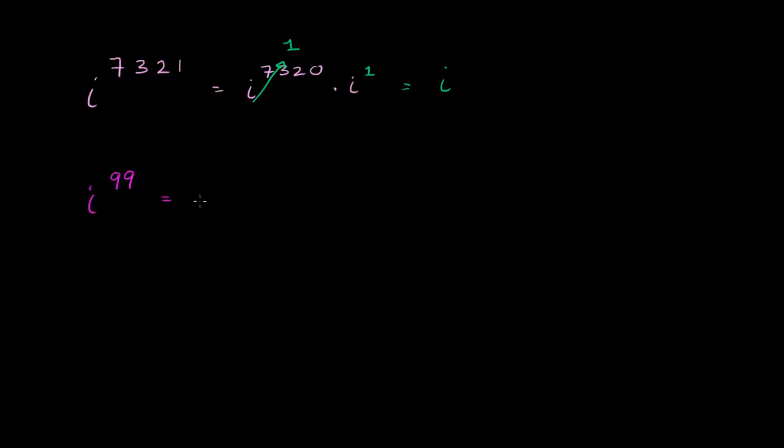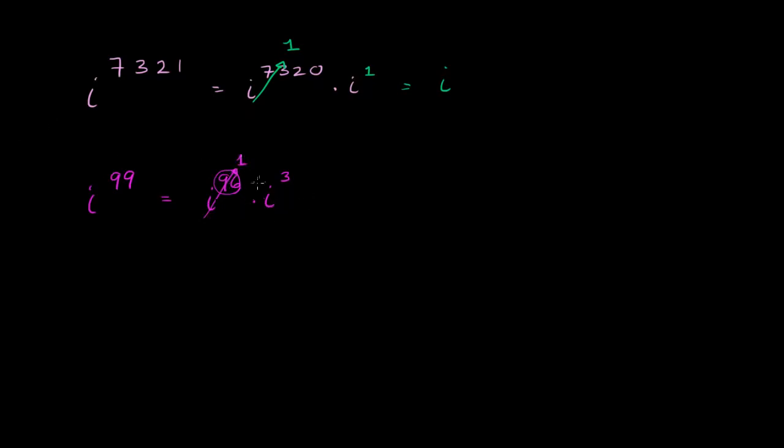So this is the same thing as i to the 96th power times i to the third power. If you multiply these, same base, add the exponents, you would get i to the 99th power. i to the 96th power, since this is a multiple of 4, is i to the 4th and then that to the 24th power. So that's just 1 to the 24th, so this is just 1. And then you're just left with i to the third power.